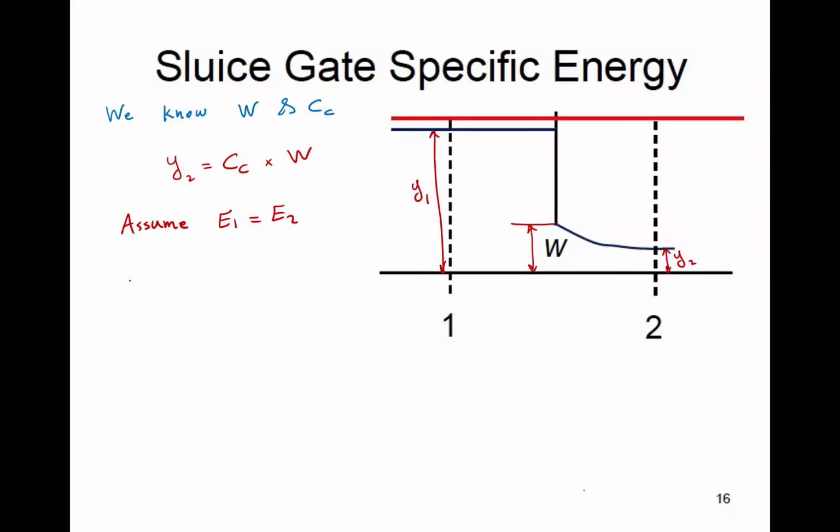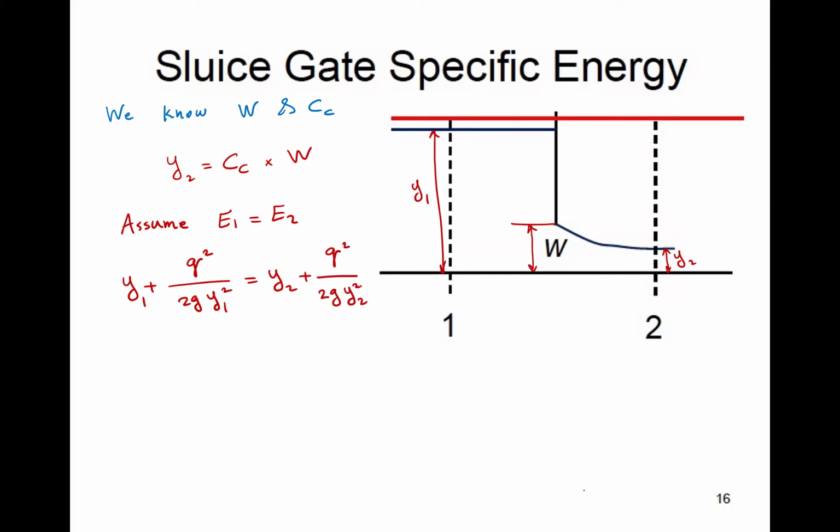What do we have? Upstream, we have Y1 plus, for a rectangular channel, Q squared over 2g Y1 squared. The right-hand side is the specific energy equation as well: Y2 plus Q squared over 2g Y2 squared, where Q is the same discharge.